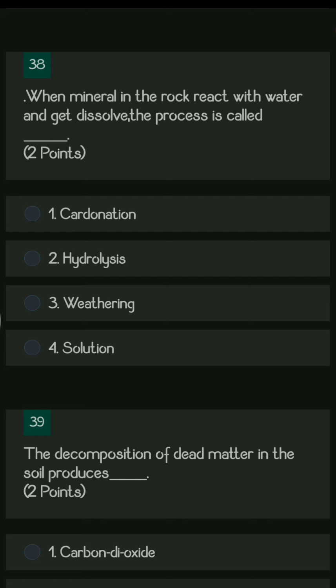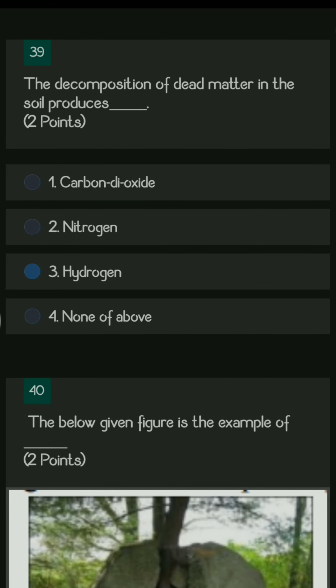Okay, so in both the cases you have the water and it gets reacted, but in the case of solution the mineral gets dissolved completely. So here the answer is solution, because solution is the only type of weathering in which the minerals get dissolved completely.